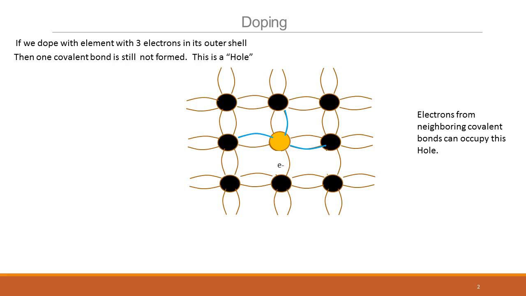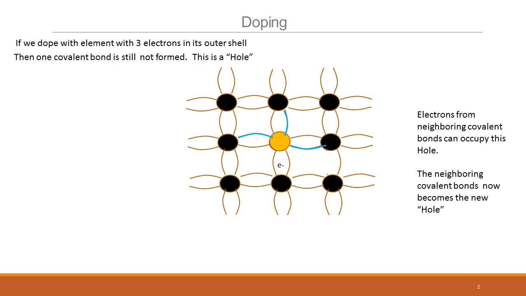Right? So this electron from this bond took some energy, got free, and traversed to this hole here. And when it comes to this position where there is no bond, it can form a new bond here. So it looks like as if the hole has moved from this location to this location.